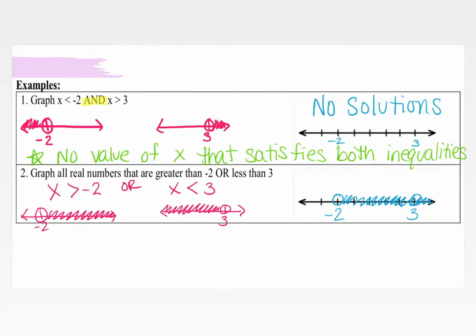Same thing if we want to go the other way, something that's less than 3. So in this case, our entire number line is actually covered. Our answer here is called all real numbers, because all of the real numbers on our number line are actually shaded, and they would satisfy at least one of the inequalities here.